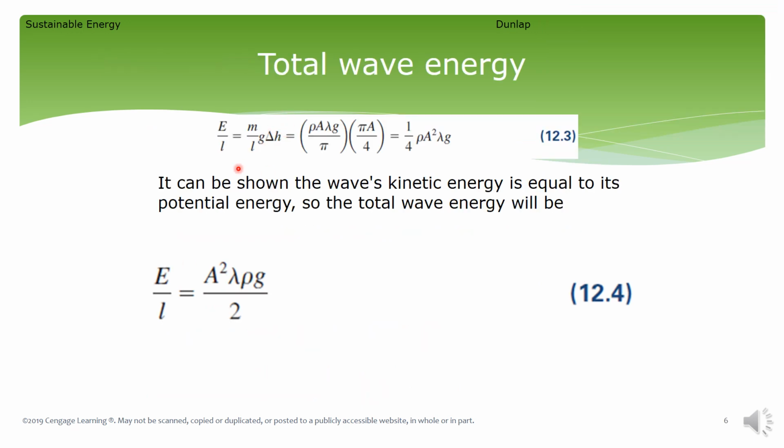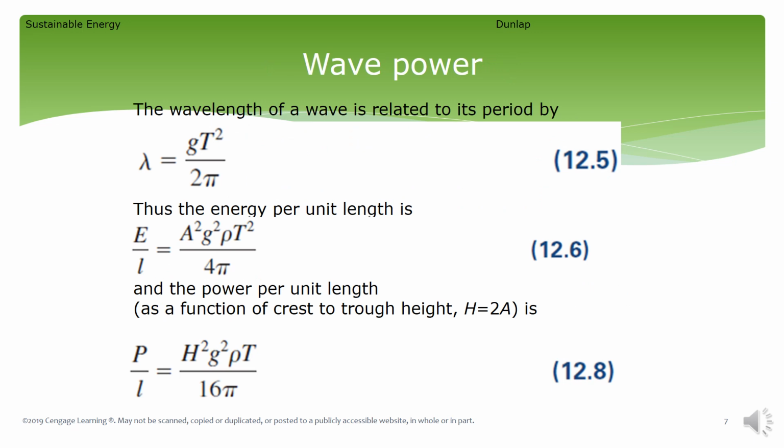Total wave energy. It can be shown that a wave's kinetic energy is equal to its potential energy, so the total wave energy will be like that. Wave power. The wavelength of a wave is related to its period by this equation.